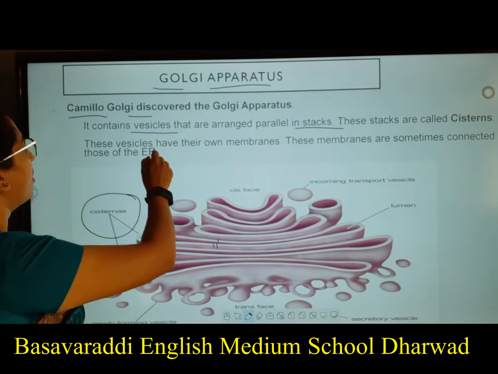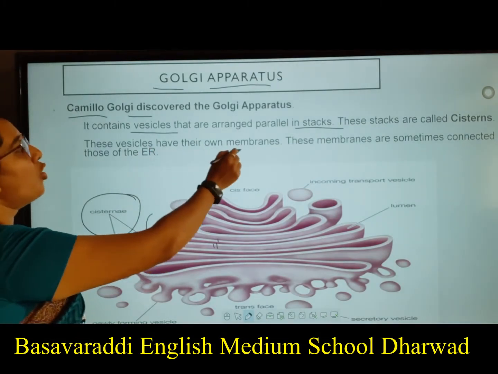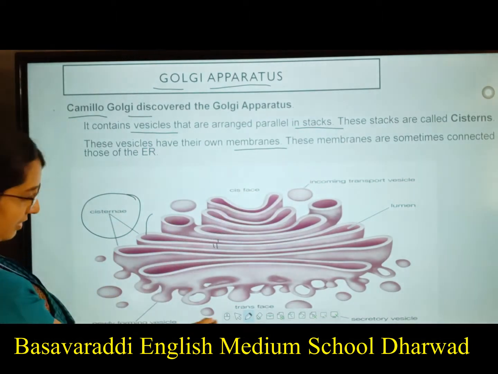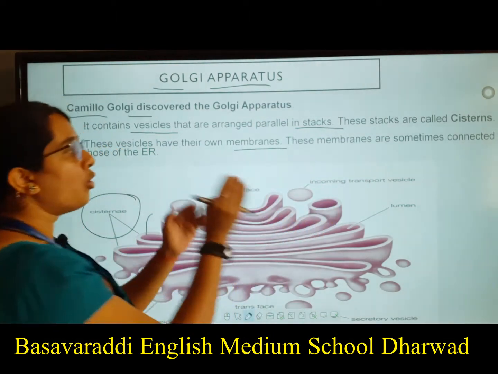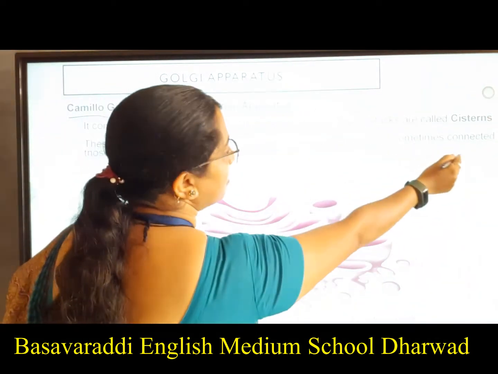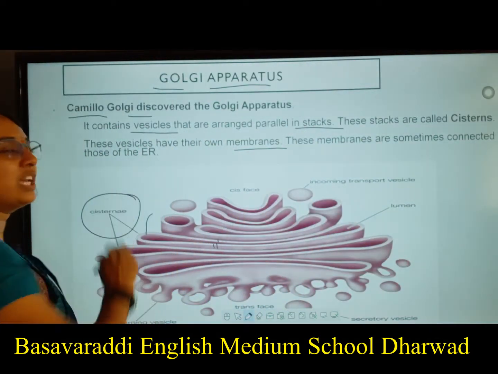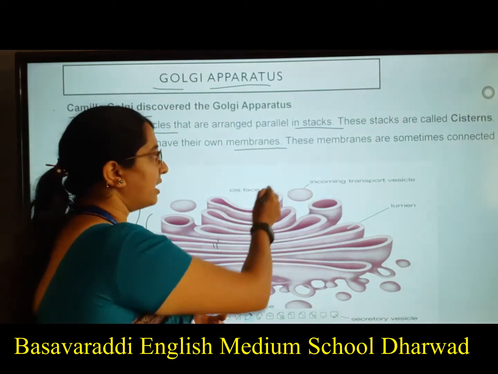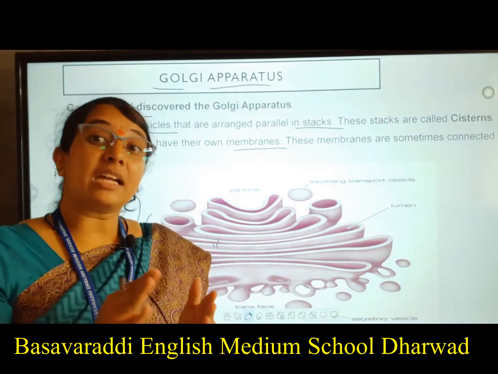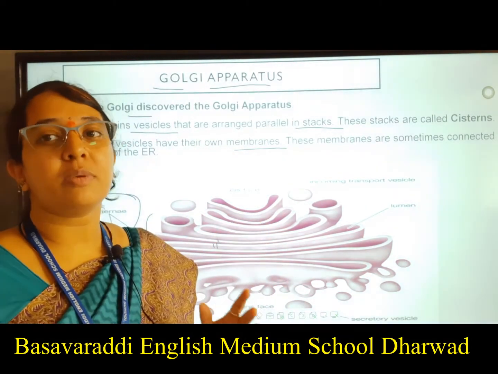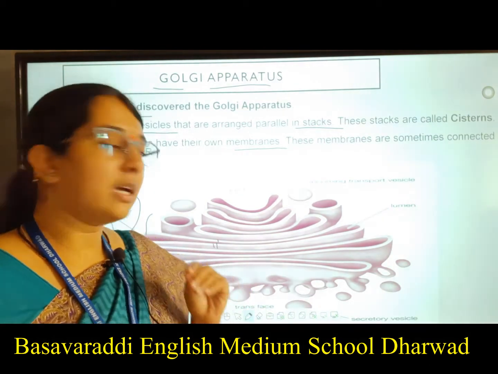These vesicles have their own membrane. All the vesicles you are able to see have their own membrane. These membranes are sometimes connected to those of the ER, the endoplasmic reticulum.